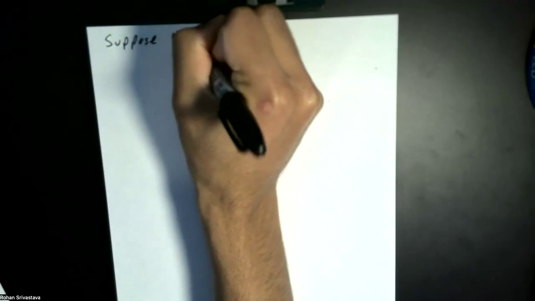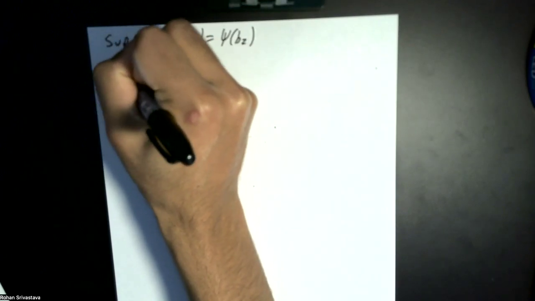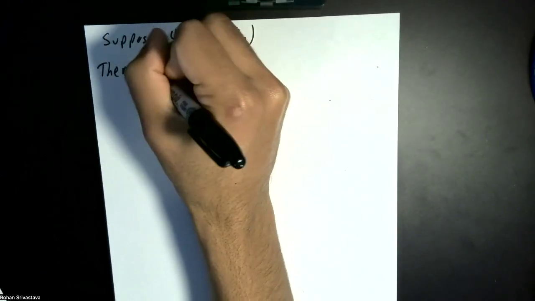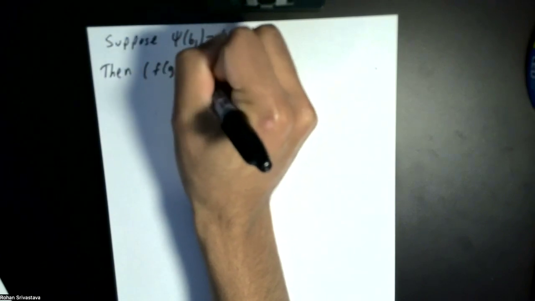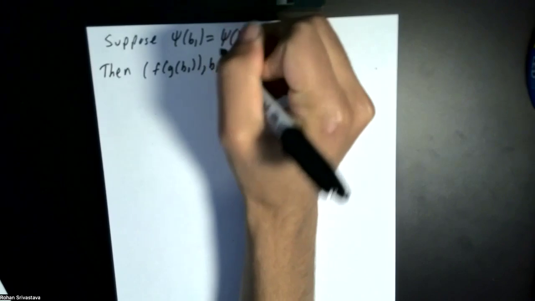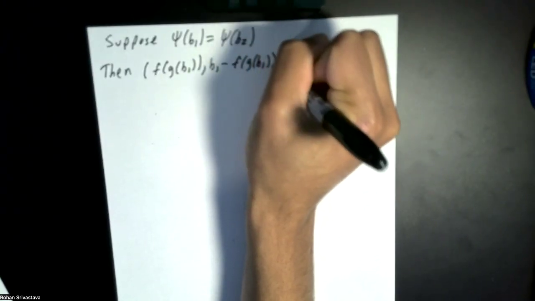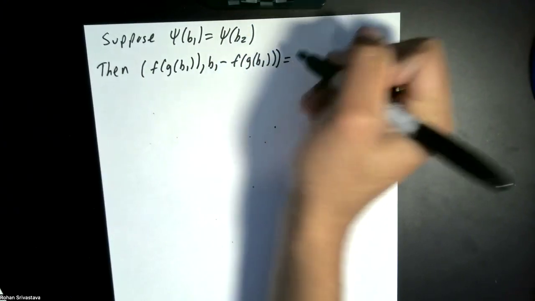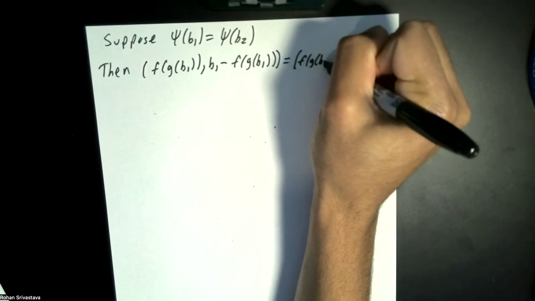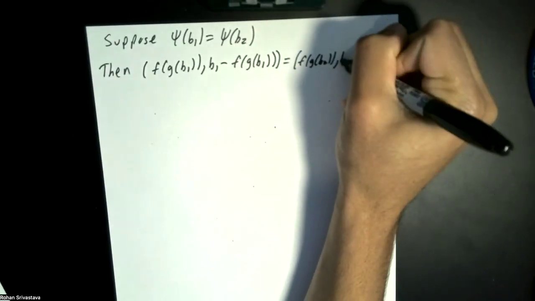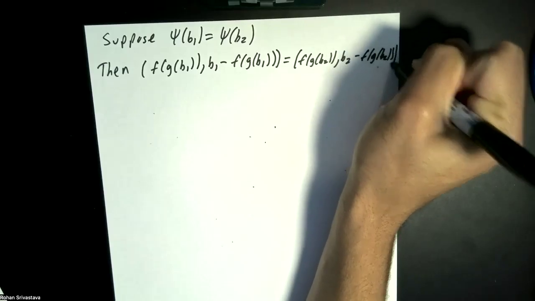psi of B1 is equal to psi of B2. Then, by definition of psi, this says that the ordered pair f of g of B1, comma, B1 minus f of g of B1, is equal to the ordered pair f of g of B2, comma, B2 minus f of g of B2.